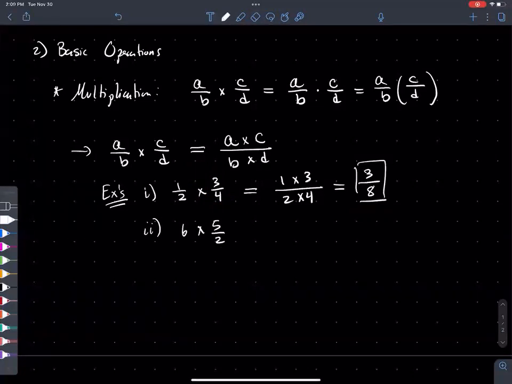Now it doesn't look like the rule that I have up here because this is an integer times a fraction, and my rule works for two fractions. So we psychologically trick ourselves and think of 6 also as a fraction. We're going to write it as 6 divided by 1. This is not the unique way to write 6 as a fraction, but it's one that works.